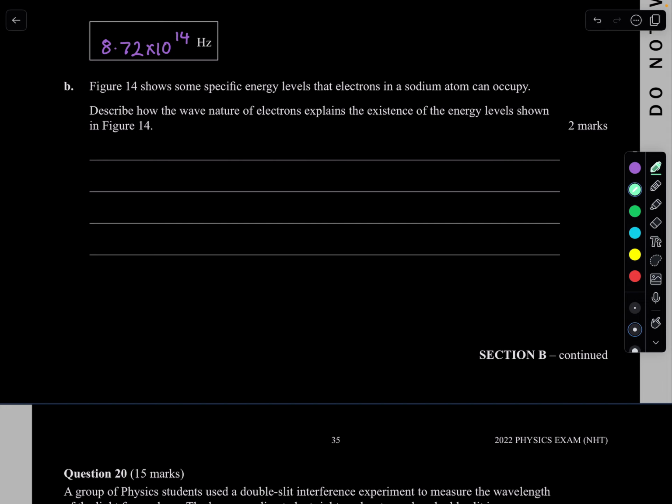All right. So let's say electrons demonstrate wave properties and have a de Broglie wavelength.